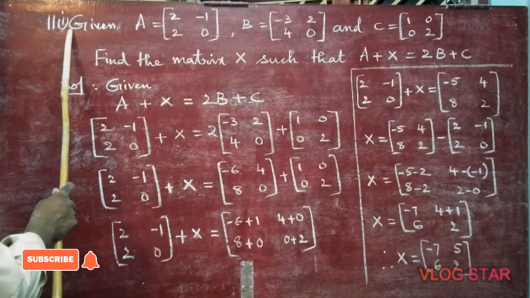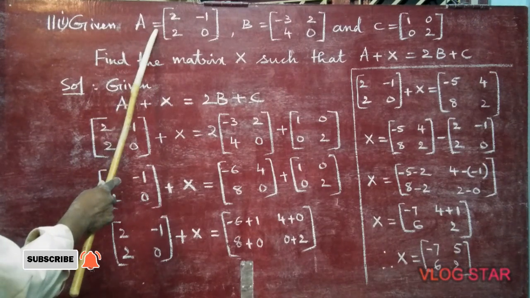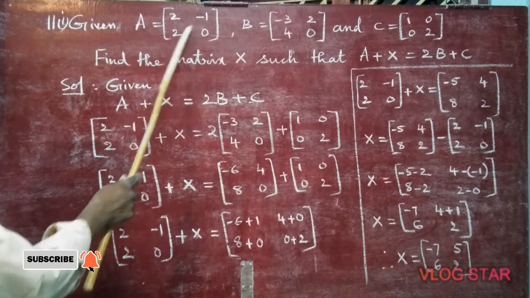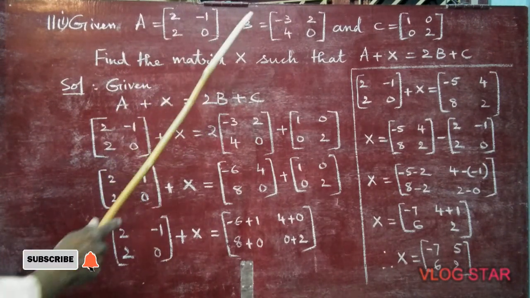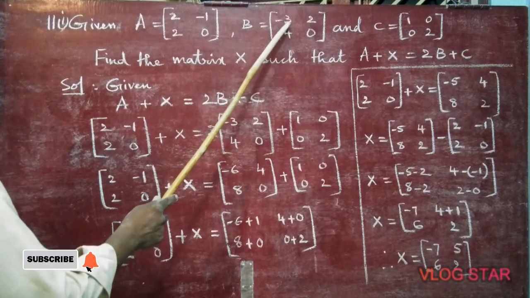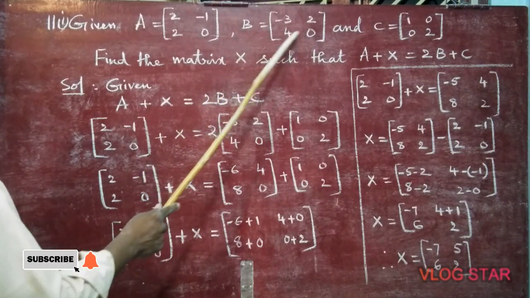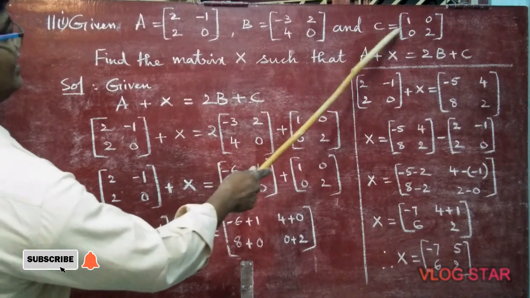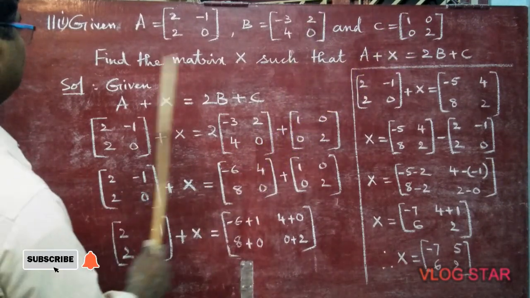11th problem, first bit. Given A is equal to matrix [2, -1; 2, 0] and matrix B is equal to [-3, 2; 4, 0] and matrix C is equal to [1, 0; 0, 2].